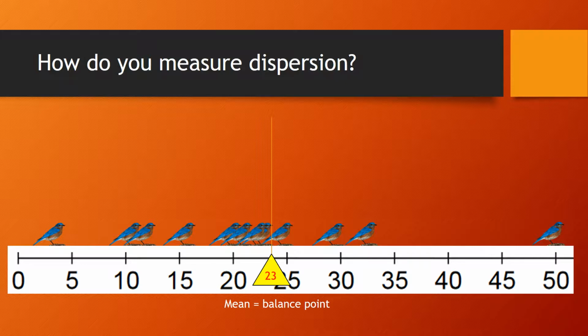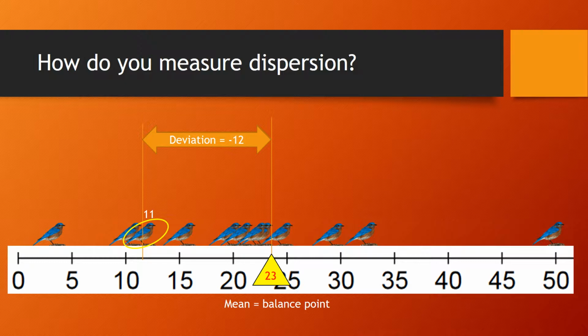We can talk about each bird's distance from the center. This guy here, for example, has a value of 11. If we look at how far a bird is from the mean, the location of the bird minus the mean, we get what's called the deviation for that observation, for that bird. Here it would be 11 minus 23, so that observation has a deviation of minus 12. And you could find the deviations for all the other birds as well.